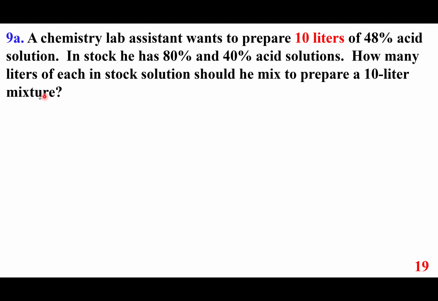As the name indicates, this is a mixture problem, everybody. So what happens with the mixture problem when you mix two things, the total volume, size, weight, depending upon what you're dealing with, will remain constant. You can't change that.